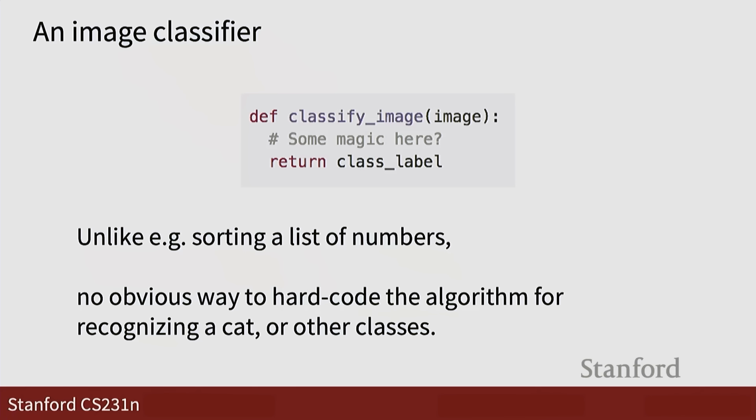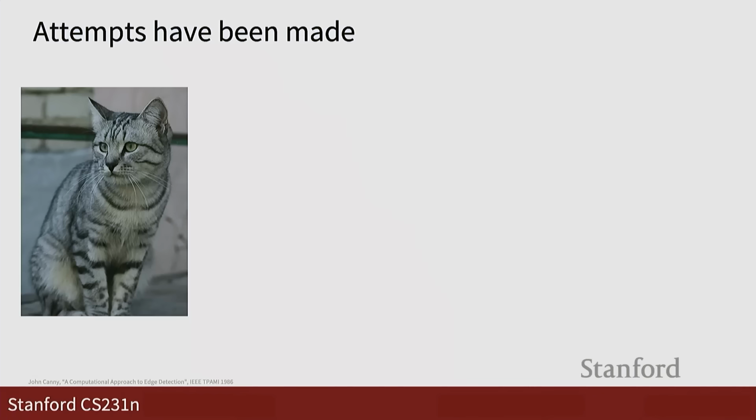But when it comes to images and understanding the visual world, that is not happening. That is a challenge. There is no way to hard code the steps for classifying images. Although there have been some efforts in this space, there are papers that have tried to come up with algorithms and steps to recognize objects.